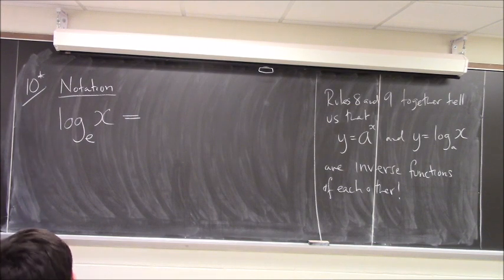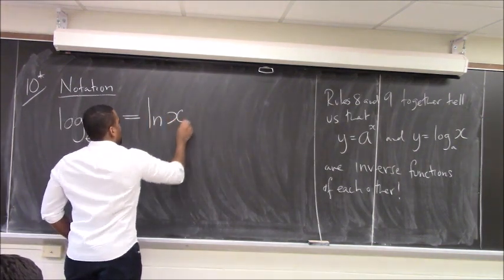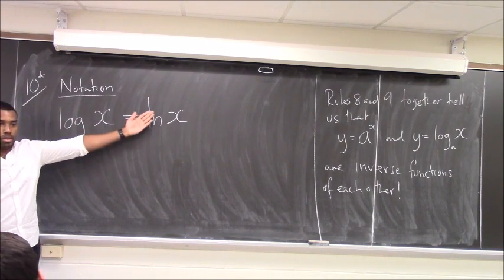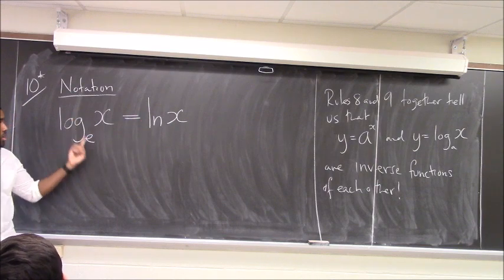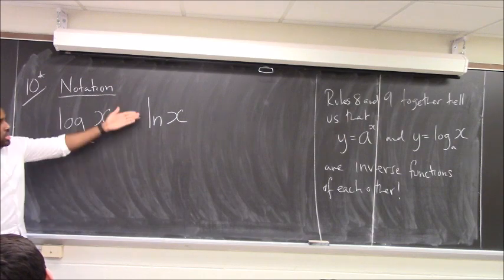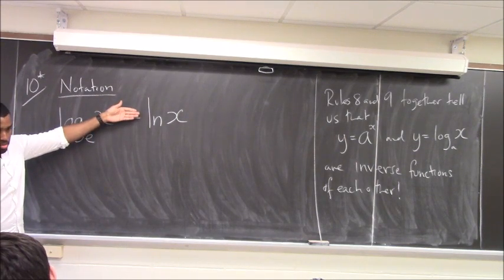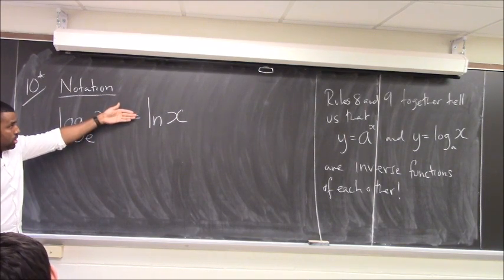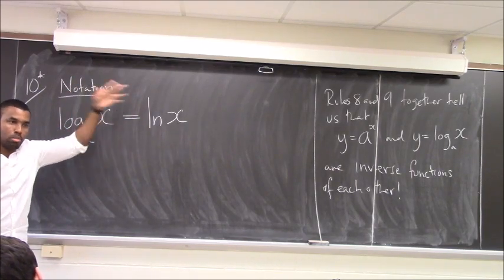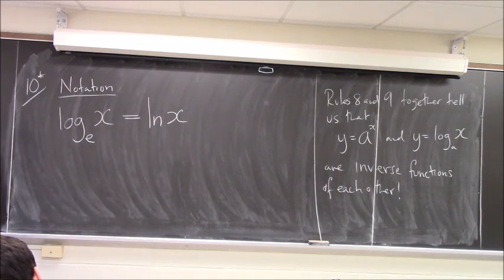Yeah? ln. That's ln of x. When you see that expression, which is what I'm going to be using from now on, what it really means is log to the base e. So whenever we see it, you should recognize it's a logarithmic function and the base is e. So it'll cancel out anything that has e as a base, and all those consequences follow. So in all the lower level math classes, that would be the case.